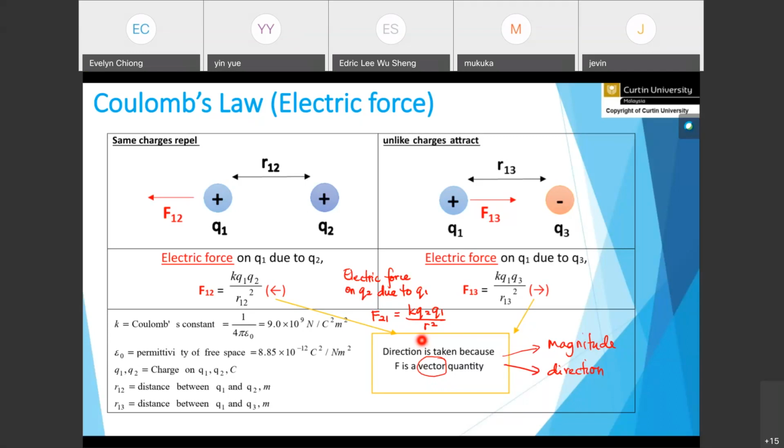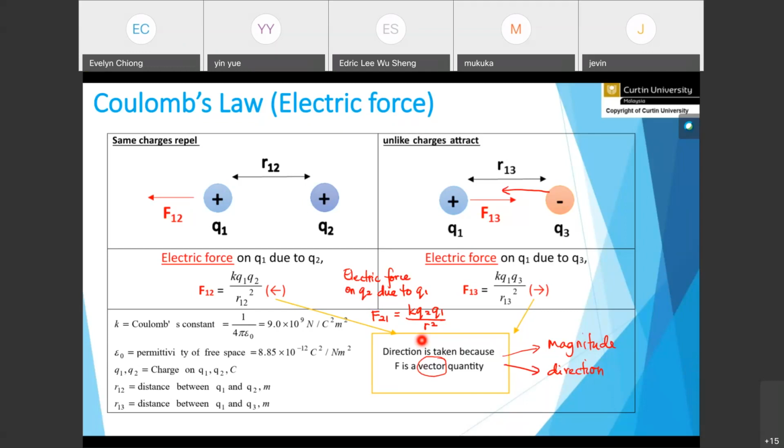But if we are looking at the negative charge, it will feel that it is being attracted to the left. So the direction will be different. But when you are calculating the electric force magnitude between two charges, it will be the same, but the direction will be different.